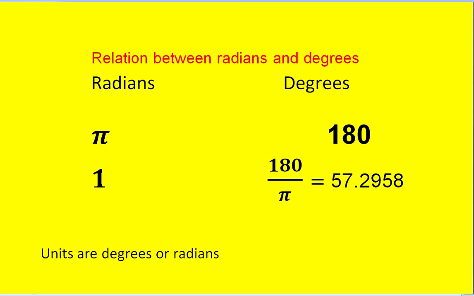We know already pi radians is equal to 180 degrees. For 1 radian, how many degrees? 180 divided by pi. Then we get 57.2958 degrees. So that is the reason why the units for the plane angle are said to be in degrees or in radians.